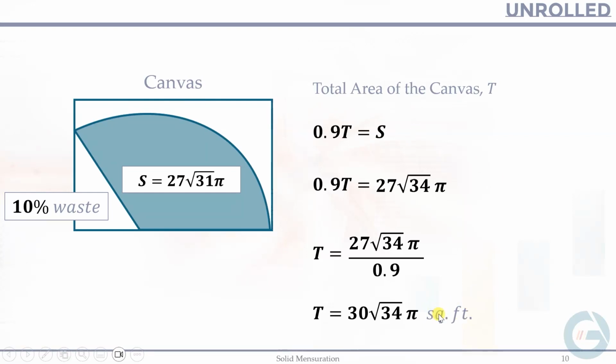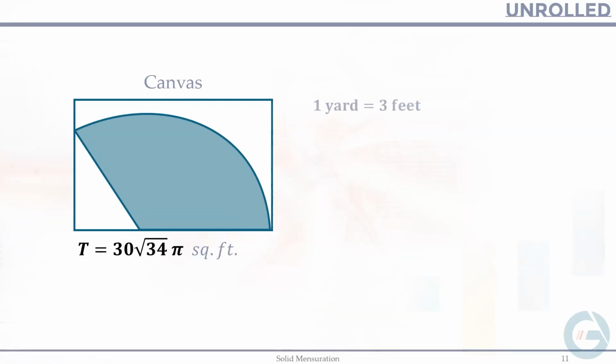But this is in square feet. The problem asks for square yards. So let's convert this unit into square yards. The equivalent of 1 yard is equal to 3 feet. So we can use this ratio.